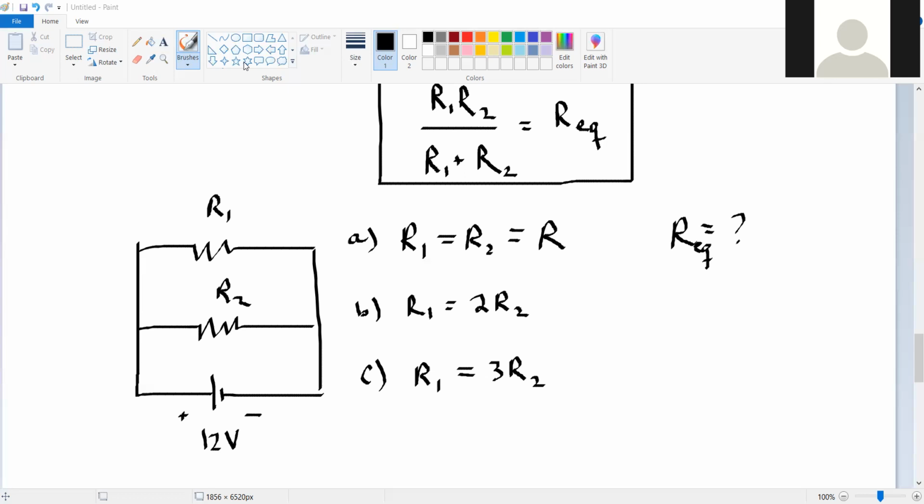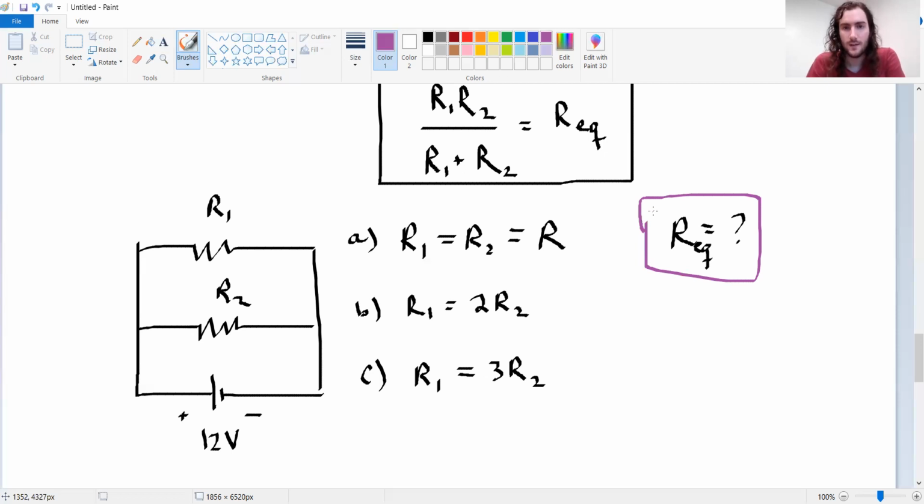If R1 equals R2 and that equals R, to me that looks like an answer. I don't know what you're asking from us. Right here on the side, what is REQ? Oh, for each one? Yes, for A, B, and C. Okay. So you don't need to have a numerical value for this problem.